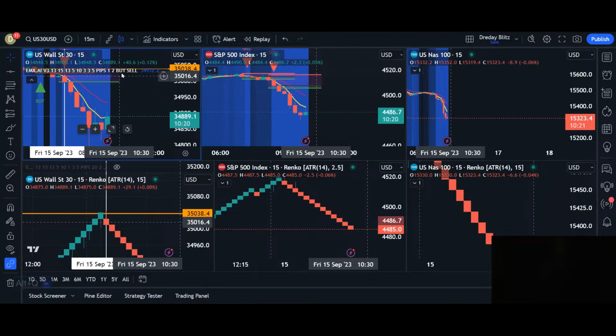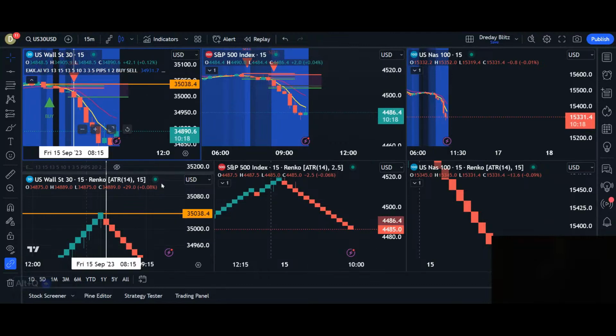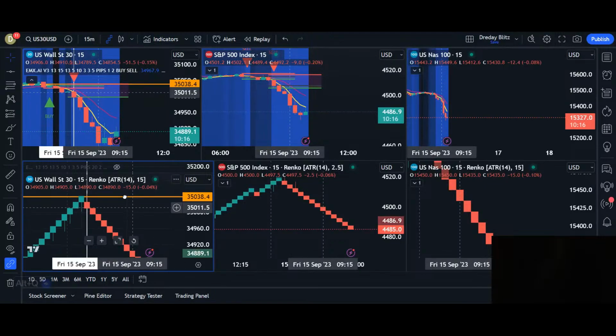And how do you manage your trade? How do you trail your stop?